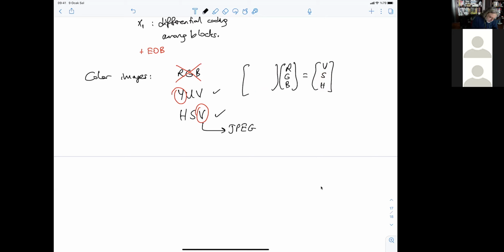The first row, for example, for this matrix will be like 1/3, 1/3, 1/3. So V is like the average of R, G and B. Okay, that is the average value. And the human visual system is quite insensitive to colors. Of course, it's very much sensitive, but you can make this kind of a test by yourselves.